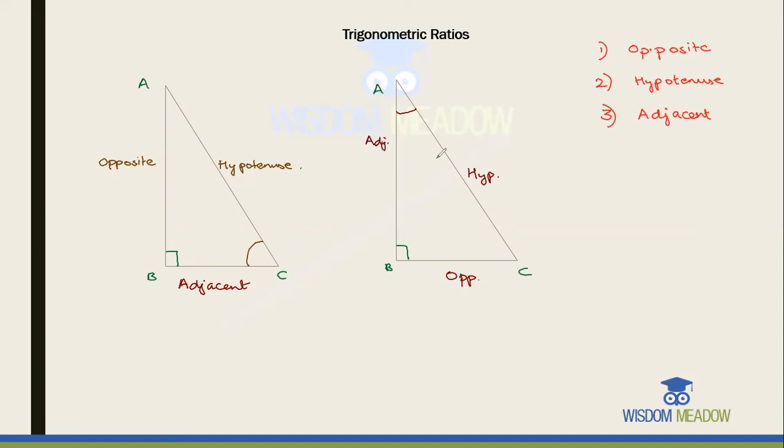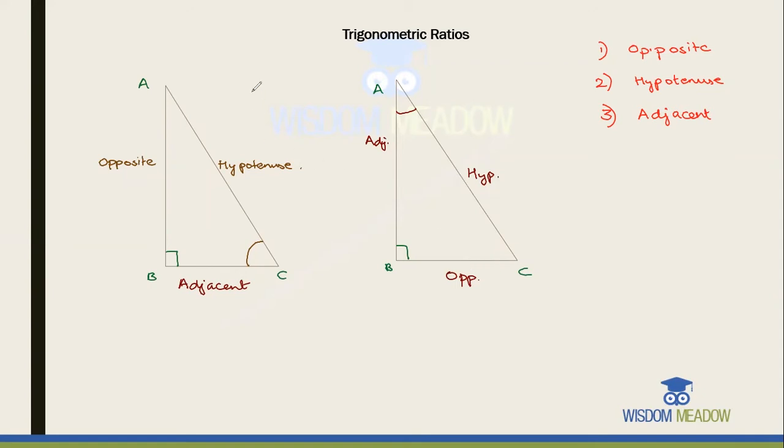So you could see that when you compare both the triangles, the hypotenuse stays fixed because it has nothing to do with the acute angle. It is always the one opposite to the right angle. But opposite and adjacent, they flip around as per the acute angle you consider.